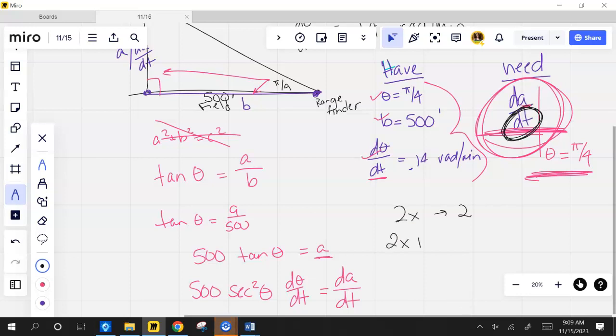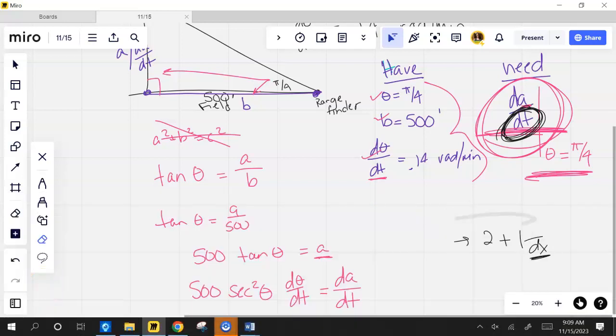But if I had 2x plus y with respect to x, it's 2 plus, I can't just put 1, I have to follow it with dy/dx, because I have to follow it with the variable that I'm taking the derivative with respect to. So here I'm taking it with respect to t, so I'm really doing implicit differentiation for all of these. I just don't have an actual t in my equation. You with me? Okay.